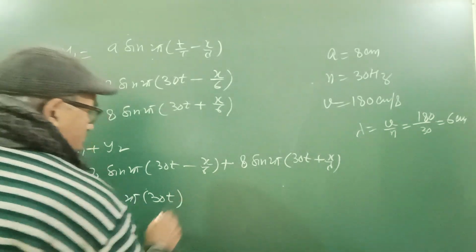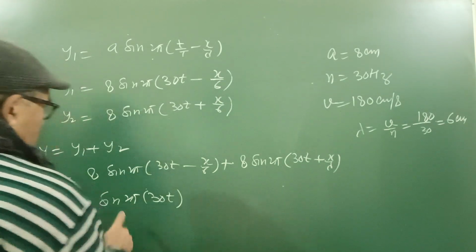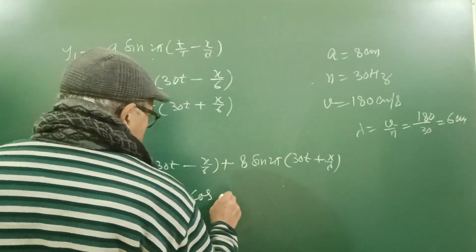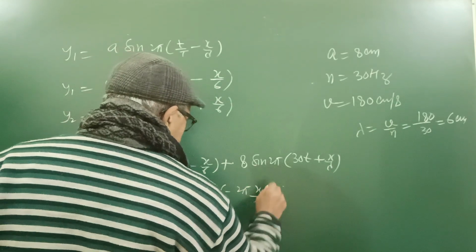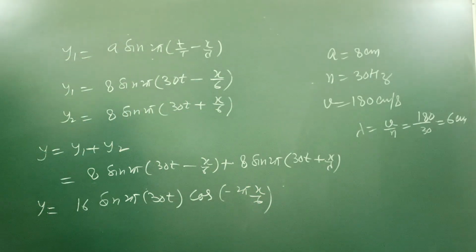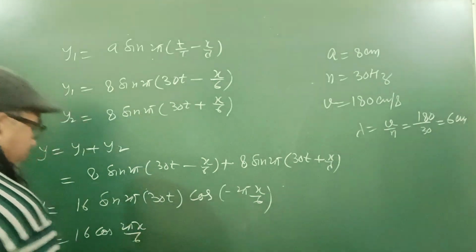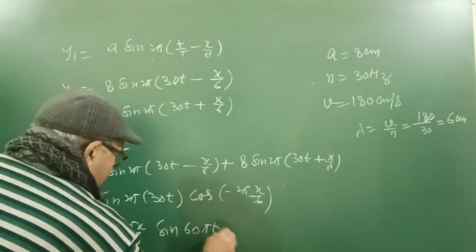And cos of c minus d. So cos will be minus 2 pi x upon 6, but cos of minus theta is cos theta, so it will be 16 cos 2 pi x upon 6 and sin 60 pi t.